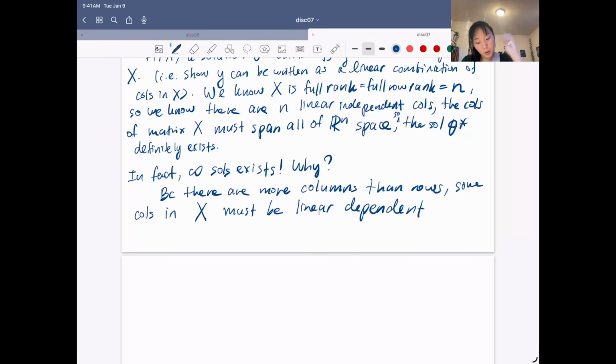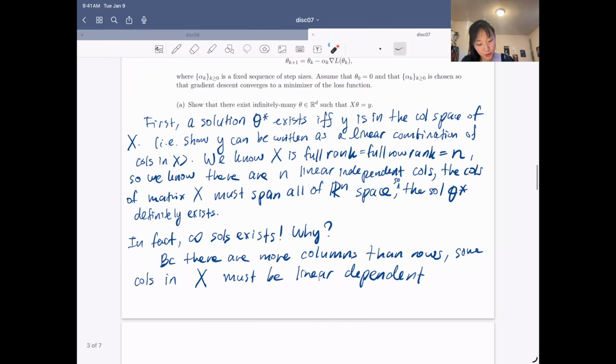And don't confuse this with our conclusion earlier. Our conclusion earlier was that there are n linearly independent columns because there are n linearly independent rows, due to full rank, and our row rank is equivalent to the column rank. But now we're saying, although there are n linearly independent columns, how many columns are there actually?